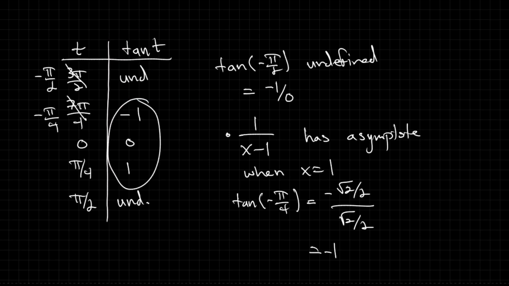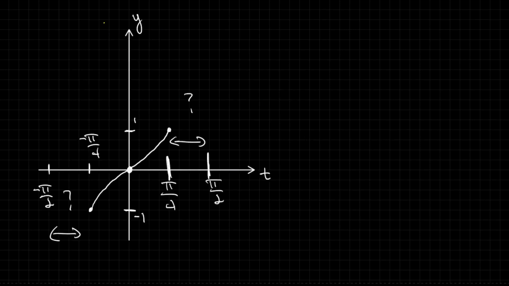And so in order to indicate that tangent of t gets extremely large, we will go ahead and draw a vertical dashed line at pi over 2 to indicate that there's an asymptote, that is, to indicate that the y values are getting extremely large as we get close to that x value, or perhaps t value of pi over 2.